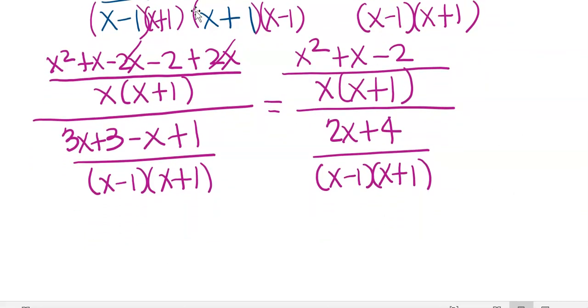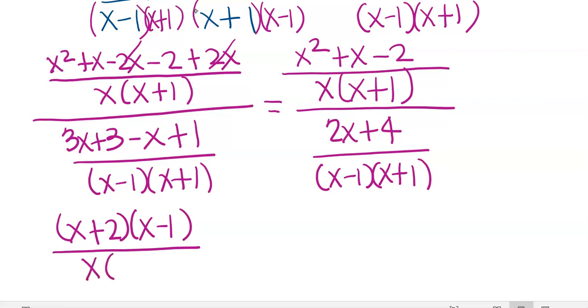We have a trinomial in the top. We just need to figure out, do we have factors of -2 that add up to 1? And we do. x plus 2, x minus 1, divided by 2 times x plus 2.